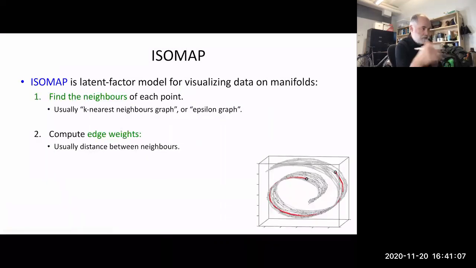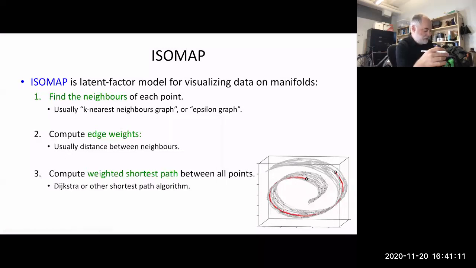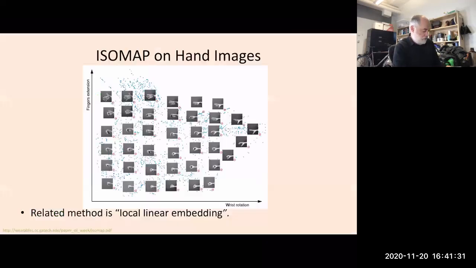You compute edge weights using a Euclidean distance in the original space, usually the distance between the neighbors. Then you compute shortest paths between all points, almost always using Dijkstra, but there are other less efficient or more exact ways of doing it, depending on whether you want curved paths and that sort of stuff. Then you run some multidimensional scaling algorithm using those distances.